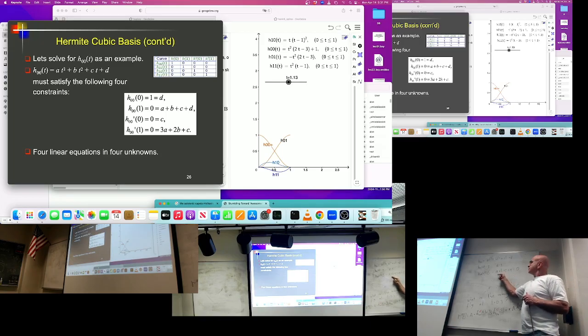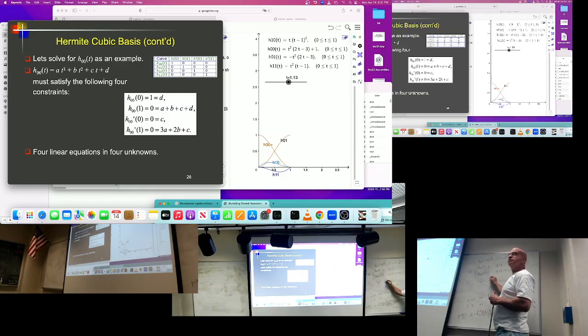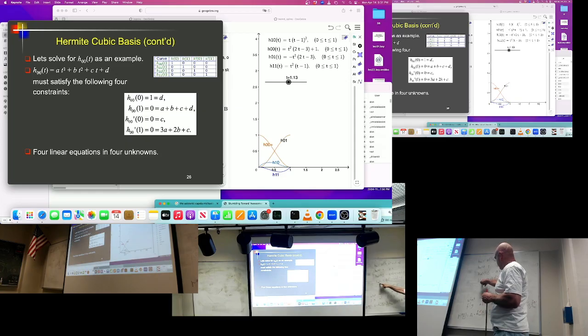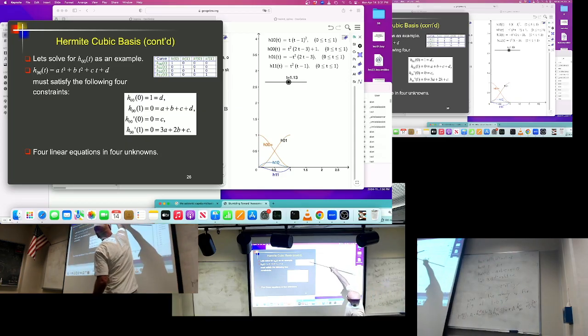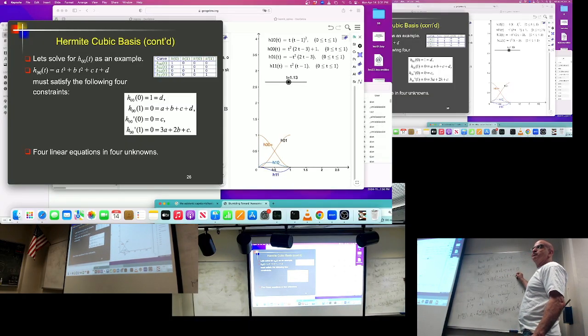And where do I get the other constraint? I know that H prime of 0 would be, help? What happened to the 3? 3at squared plus 2bt plus c, that's H prime. So at t equal 0, it should be 0, implying that c must be 0.